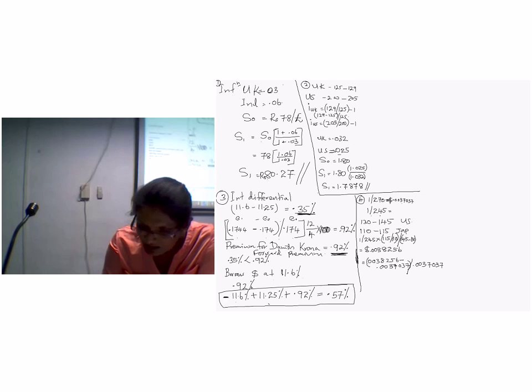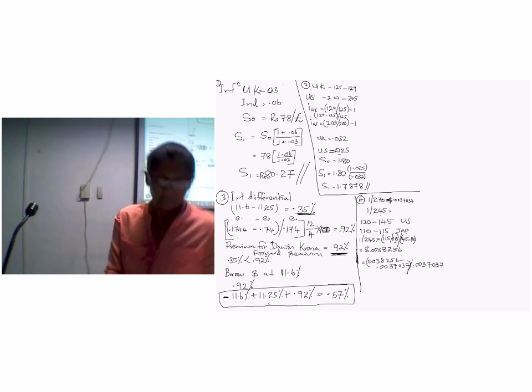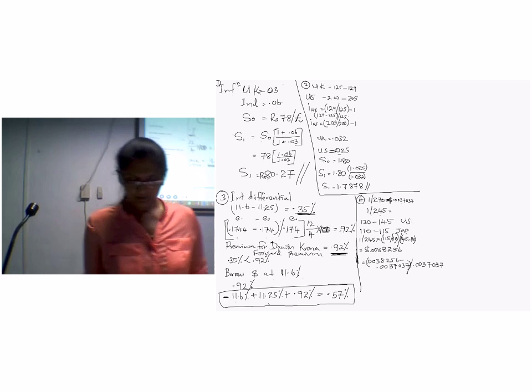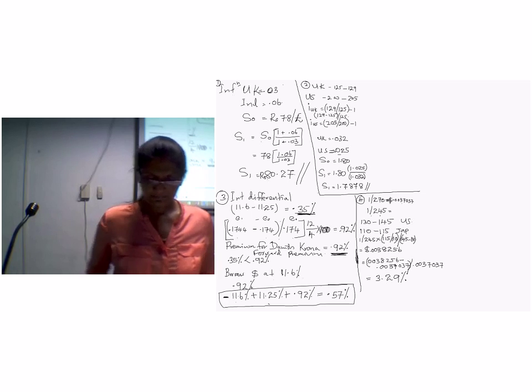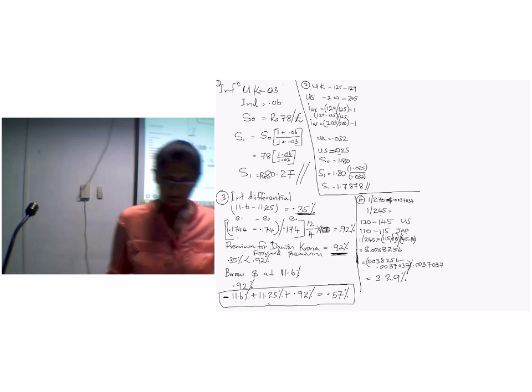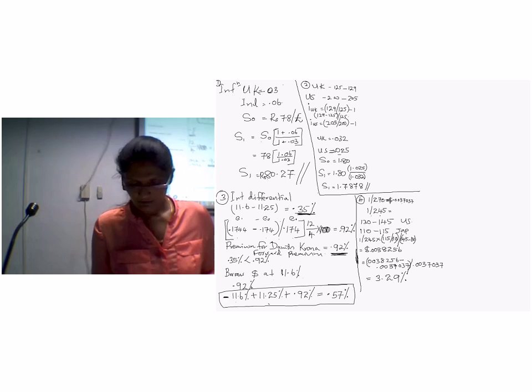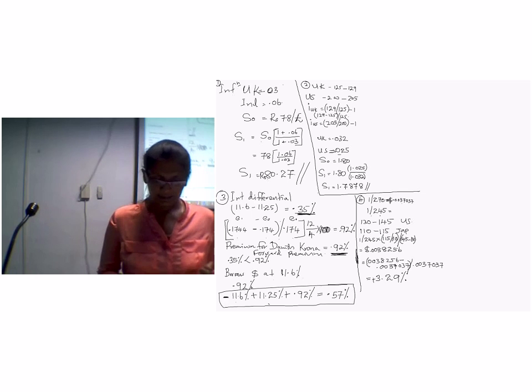With respect to the initial one, this is the change, right? So what is the answer? The percentage change in yen, the appreciation of yen, is 3.29%, right? This is the positive one, appreciation of yen.